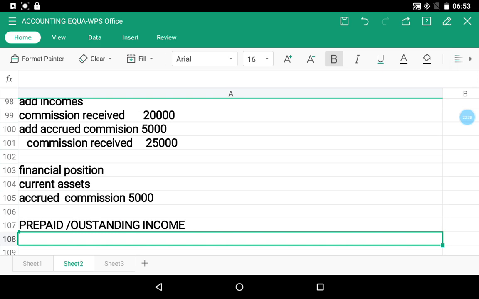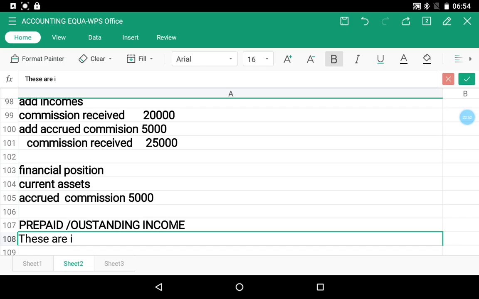When you talk about prepaid incomes, these are incomes earned but they are not yet consumed.